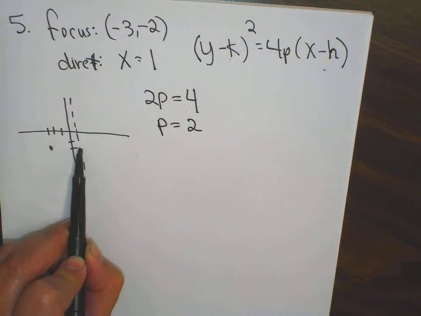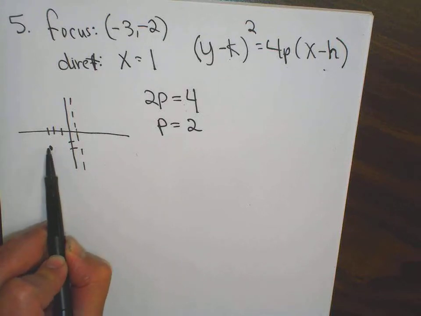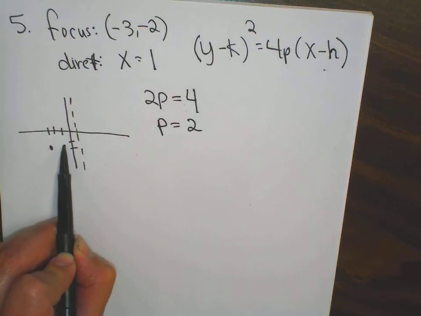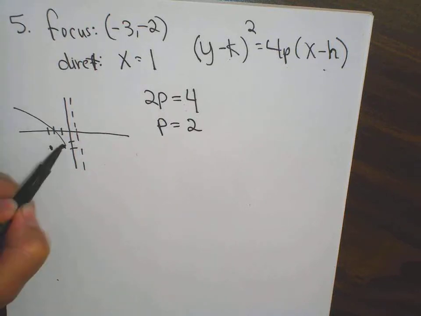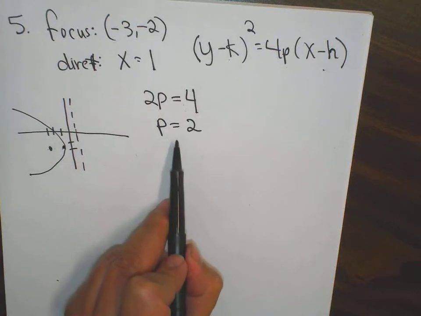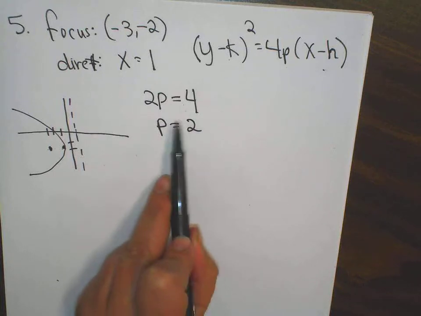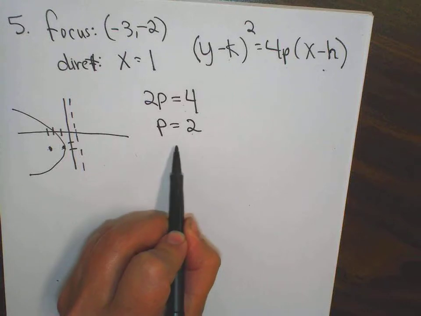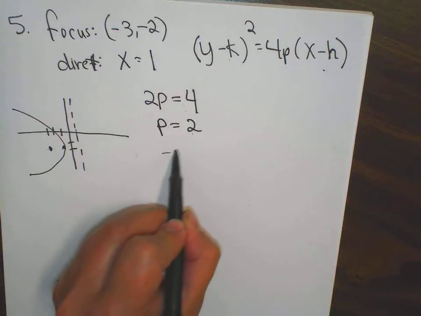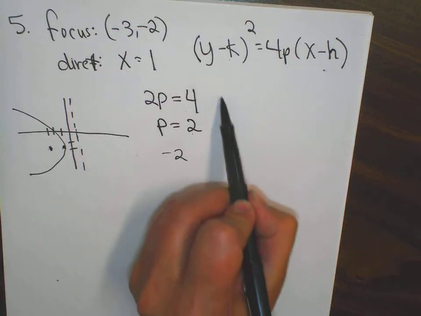So this is 1, 2, 3, 4, so my vertex should be here. And since I'm opening this way, this refers to the distance, but to also indicate direction, what would I be plugging in for P? It's a negative 2.